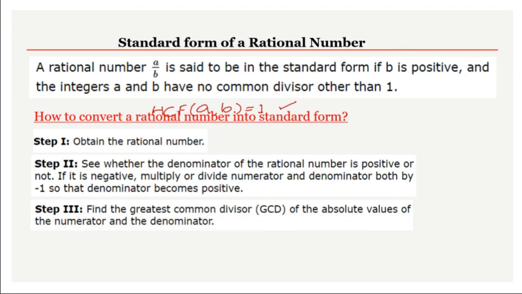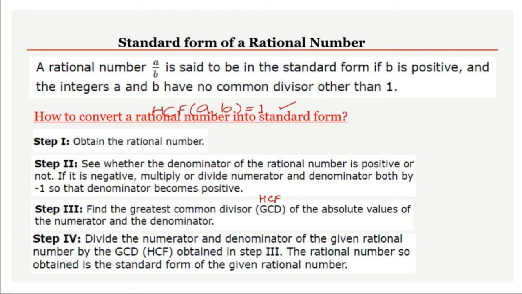Step 3 is to find the greatest common divisor or highest common factor of the numerator and the denominator. Step 4 is to divide both the numerator and denominator of the given rational number by the highest common factor obtained in step 3. The rational number so obtained is the standard form of the rational number.